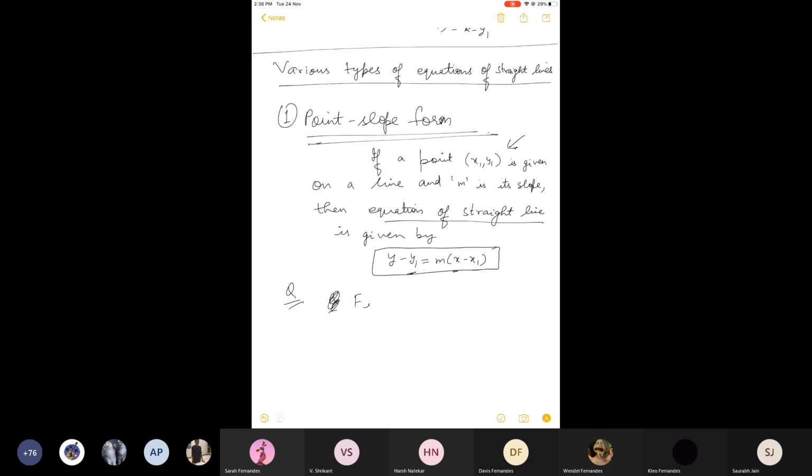Find the equation of line passing through minus 2 comma 3 and whose inclination is 135 degree.